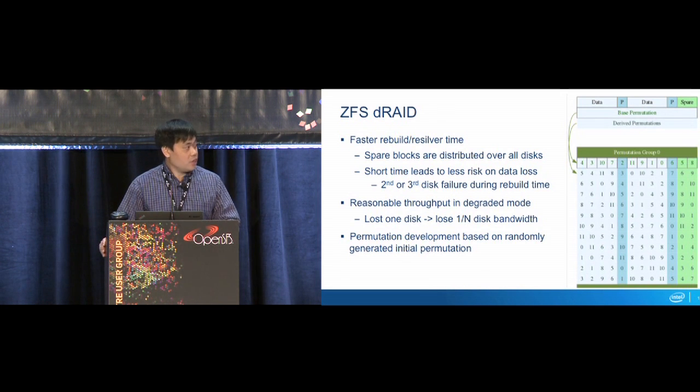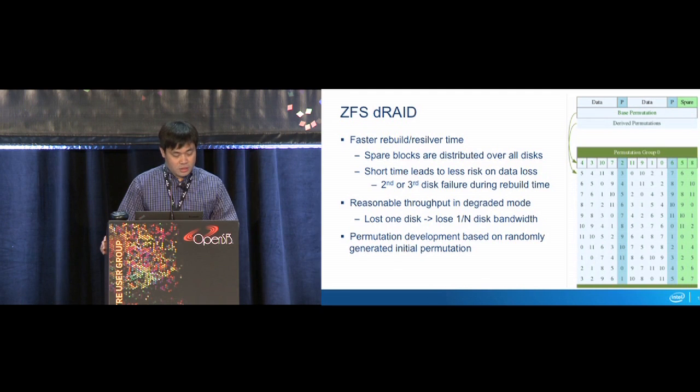But once a disk in a group fails, the I/O performance will be affected significantly. This is because the rebuilding bandwidth is limited by a single spare disk.